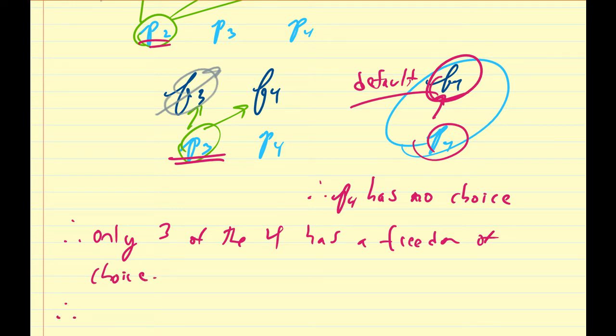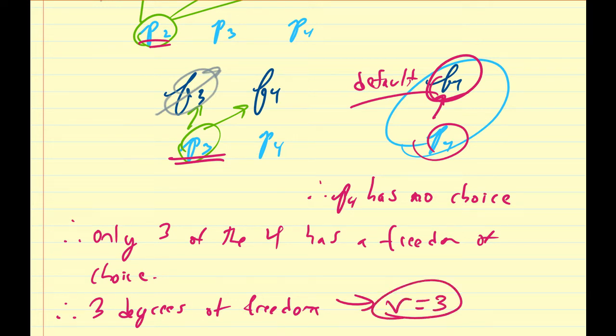So there are 3 degrees of freedom in this system, which we will write as nu equals 3. From the initial case, that means 4 minus 1.